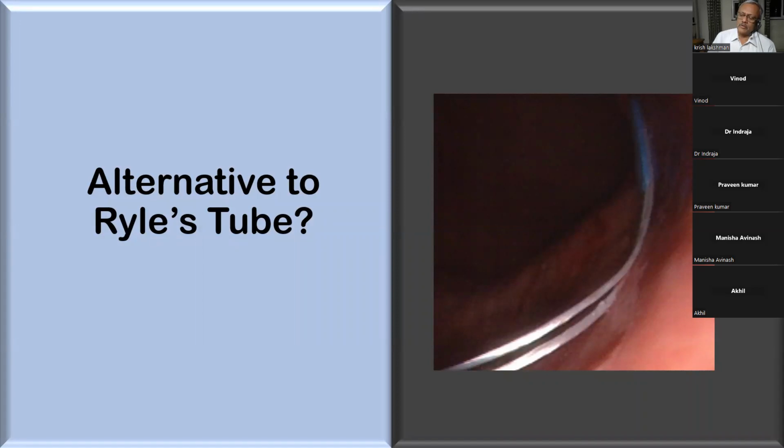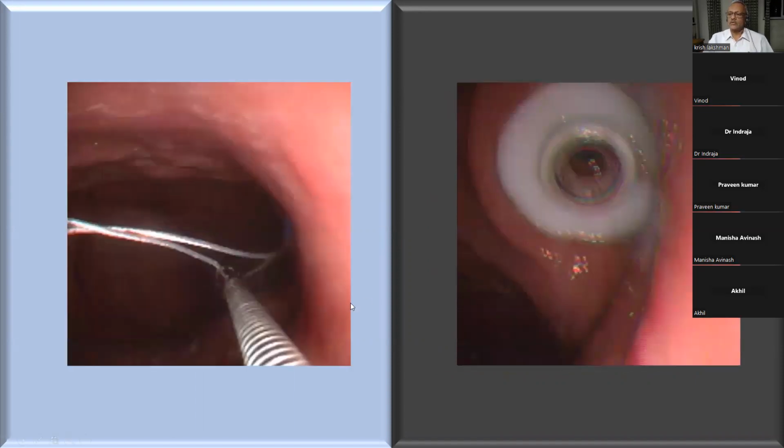So this is a tube into the stomach and a thread that's coming through it. What am I doing here? Yes, we're doing a PEG. So PEG is an alternative to the Ryle's tube. We put in an endoscope and distend the stomach. It comes up against the abdominal wall.